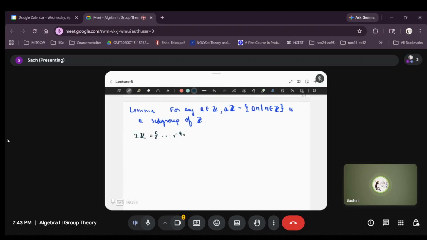Right? Minus 4, minus 2, 0, 2, 4, etc. We are considering addition, so 0 is the identity.